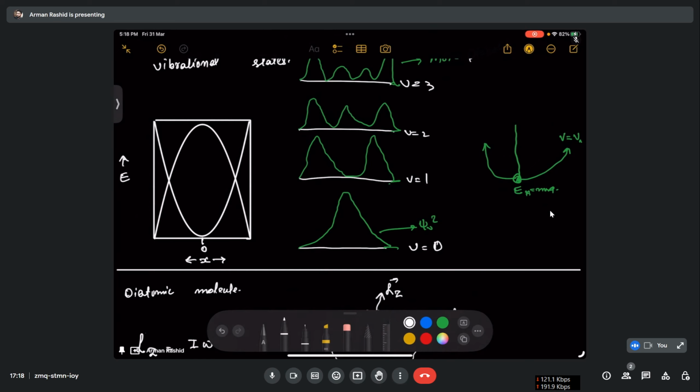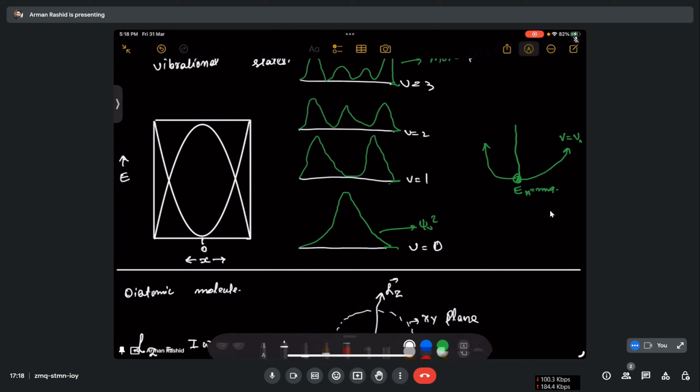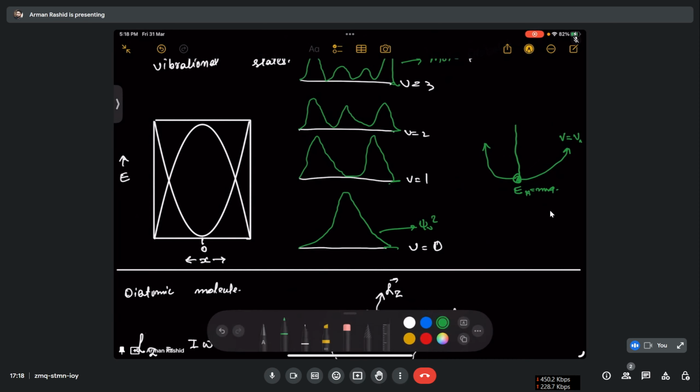You will see how the potential energy and the kinetic energy vary. The kinetic energy is maximum when x is equal to 0, and the potential energy is maximum at the extreme ends. This is a classical oscillator.